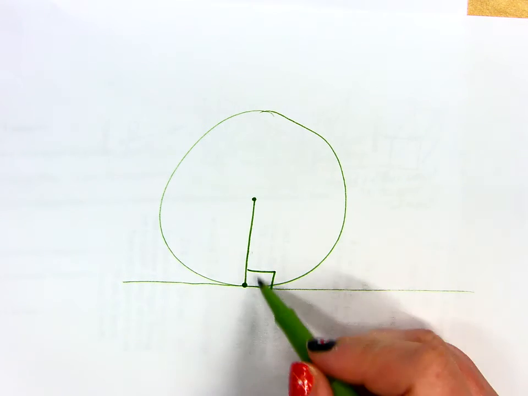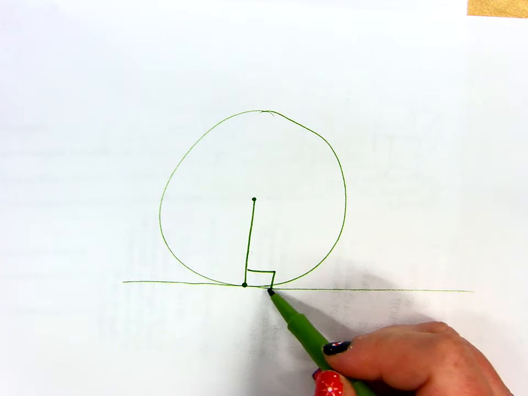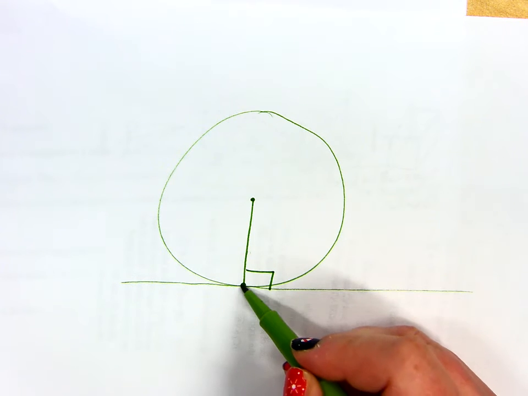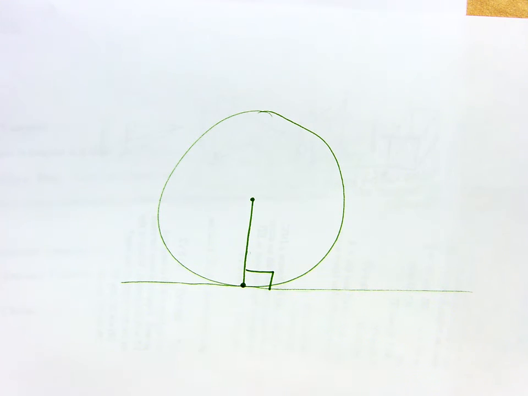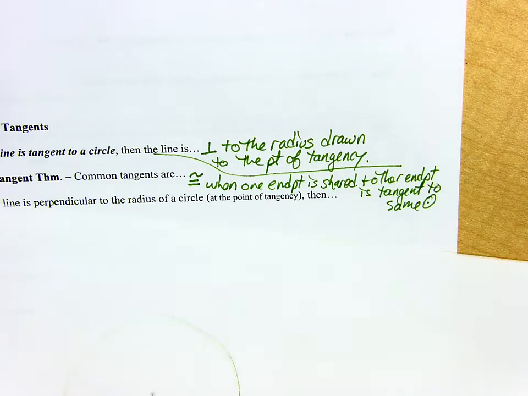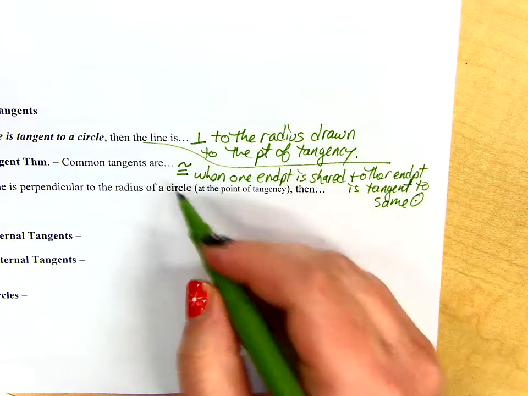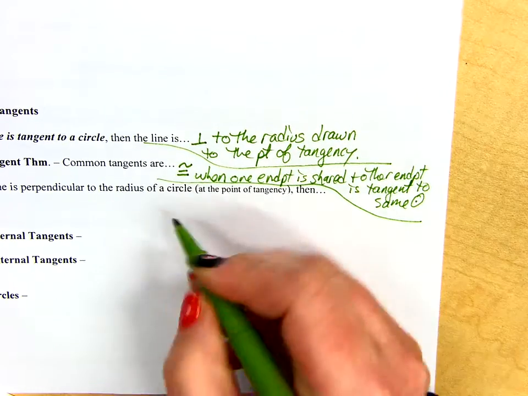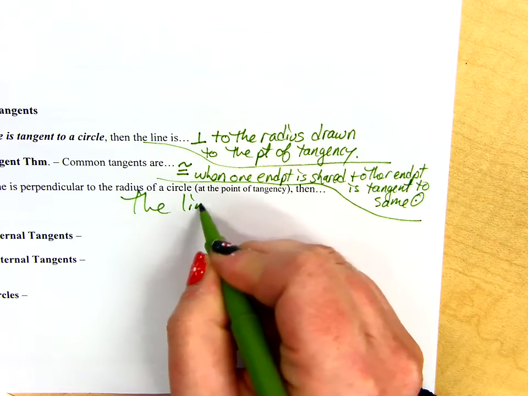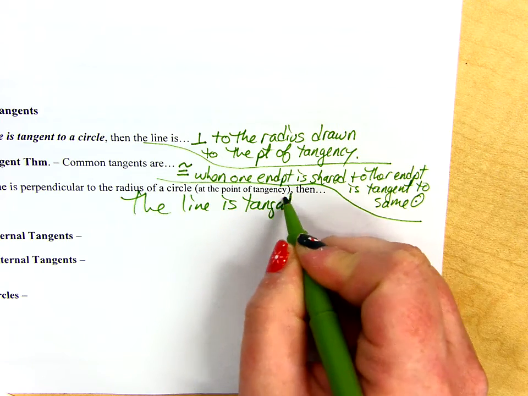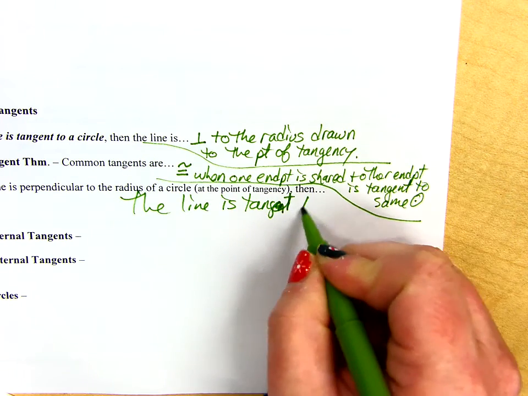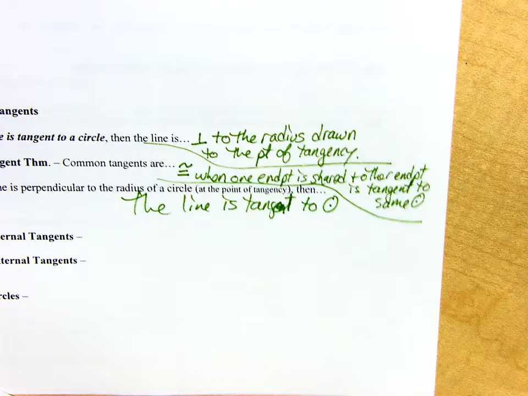Okay. So if a radius is perpendicular to a line at a point of tangency, the line must be tangent to the circle. That's all it's saying. So let's fill that in. Then the line is tangent to the circle.